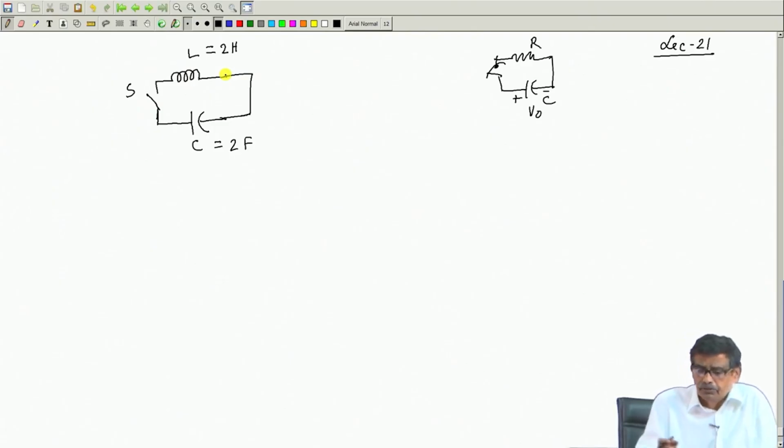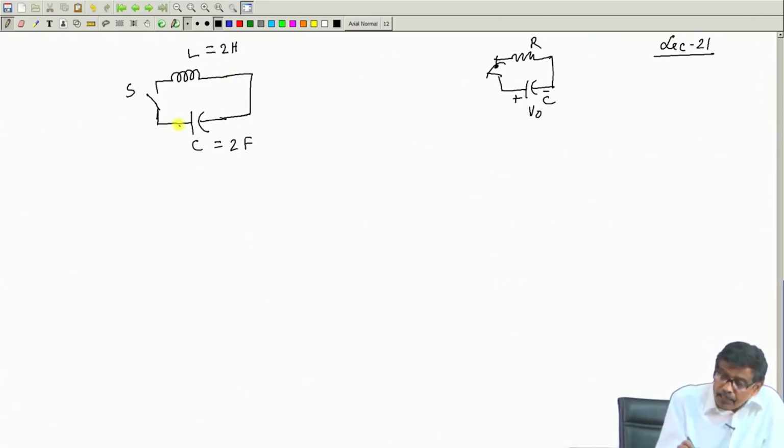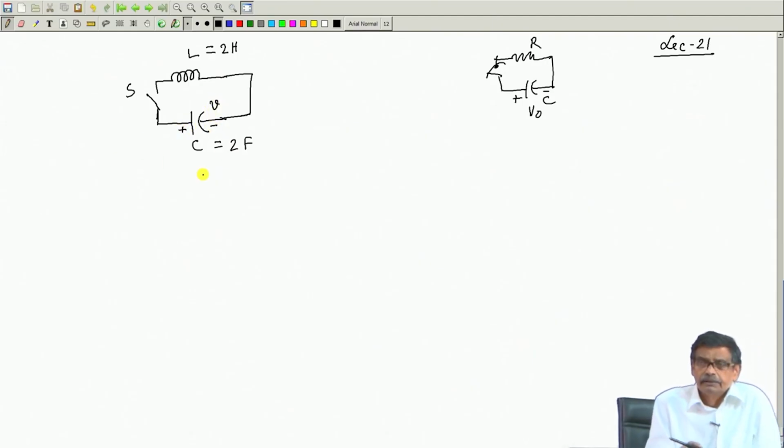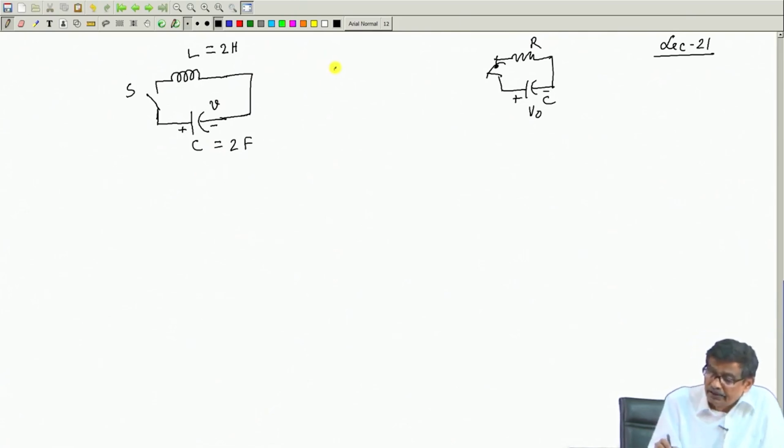But anyway, to give you the idea what the problem is, I am telling you that the voltage across the capacitor, which I will denote by V because V may be time varying, has the condition that V(0-) was equal to 10 volts, say, the initial condition.